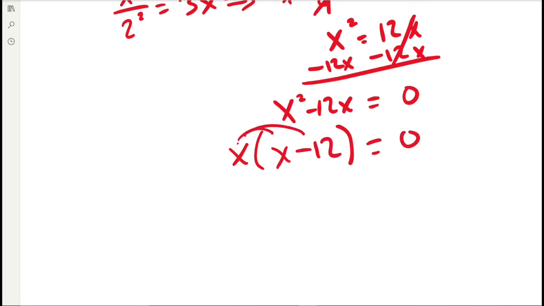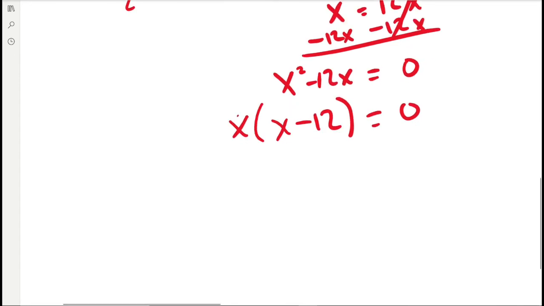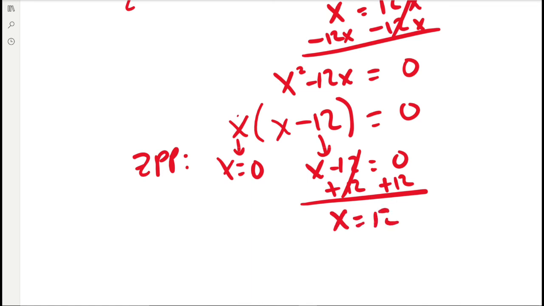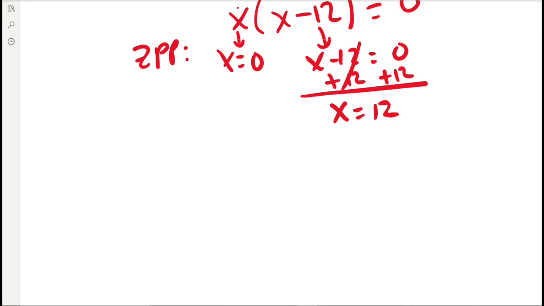Again, distribute and you should get the original, which is exactly what we want. Then use the zero product property. So you're going to set this equal to 0 and then set this equal to 0, and solve those separately. So x equals 0, x equals 12. Next we check.